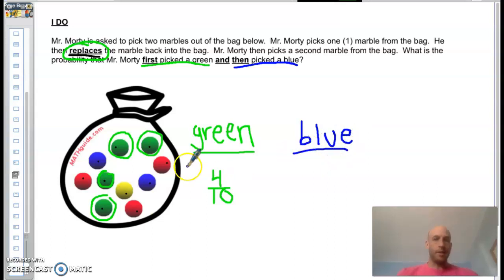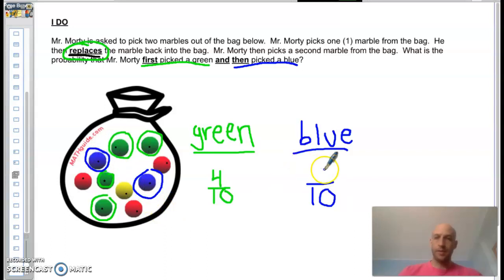Okay, so pick a marble out, put it back in. That means I still have 10 marbles in the bag. And I have 1, 2 blue marbles. So the probability of picking a blue is 2 out of 10.